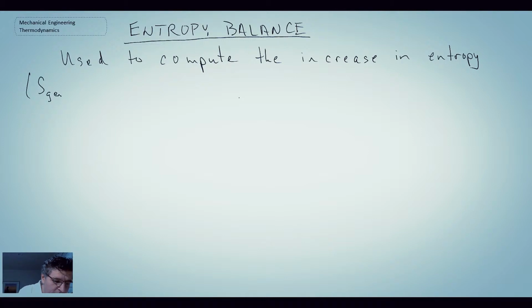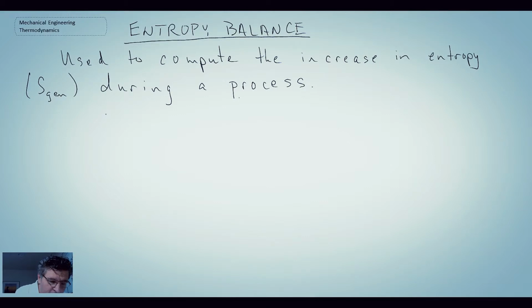And we'll call that entropy generation, so capital S and subscript GEN for generation, and this would be during a process. In the previous lecture, we did take a look at an example problem with the entropy generation equation, so we've already seen a form of it, but now we'll formally present it.